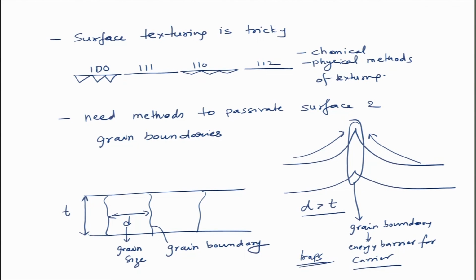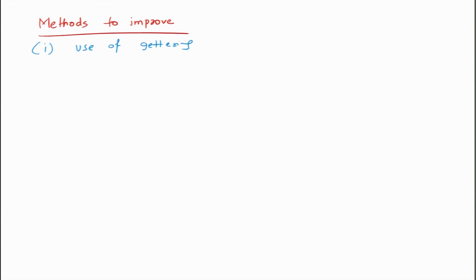So, what do you do in case of these solar cells to improve the performance? So, methods to improve the performance. First thing that you do is use of gettering. Gettering is the use of materials during the processing which remove extra impurities. Okay. So, use getters, for example, titanium is a good getter because it sucks up oxygen.